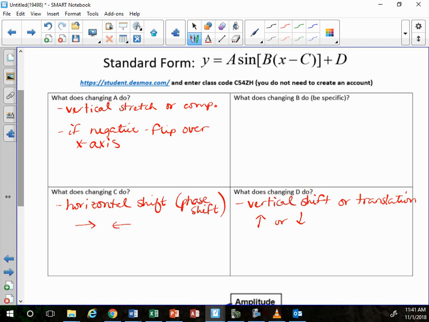Okay, then what's B going to do? It's going to change the period of the graph.